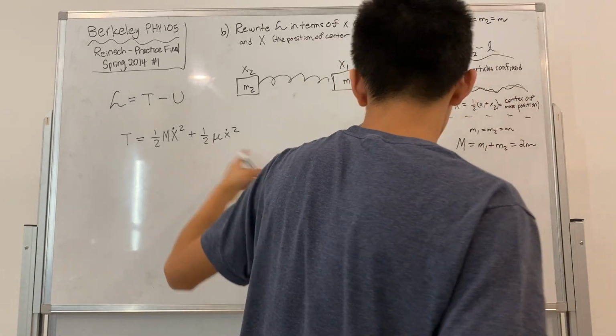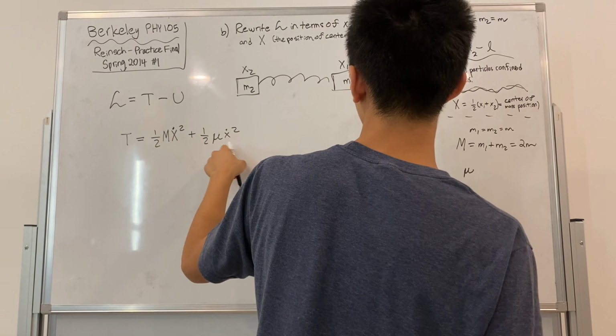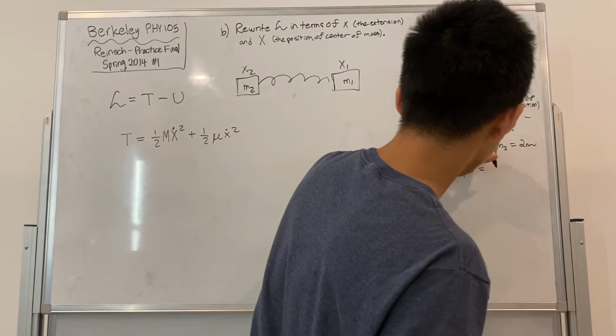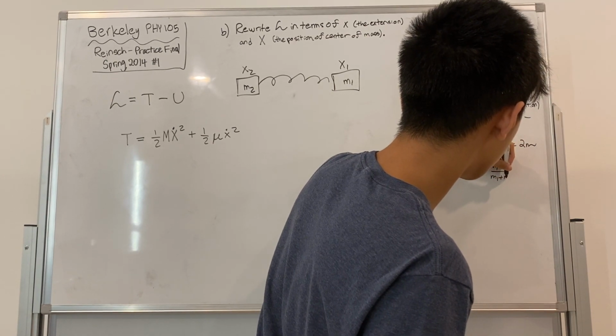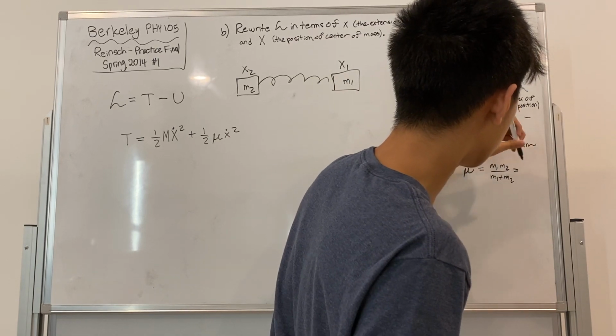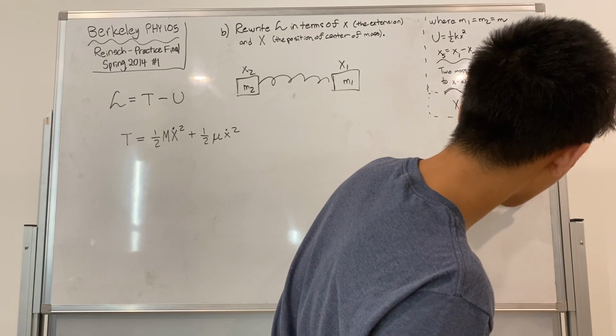And then mu is known as the reduced mass, which is something that we must use when we're dealing with the relative coordinates. So reduced mass is equal to M1 M2 over M1 plus M2. But since we know that they're all equal to little m, that's m squared over 2m, or 1/2 m.